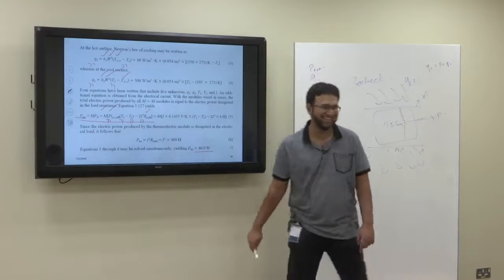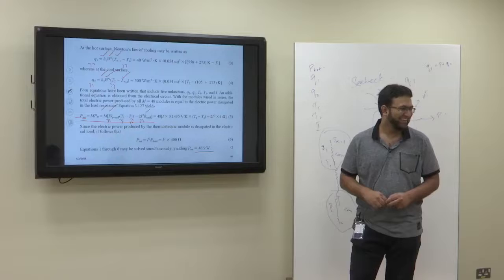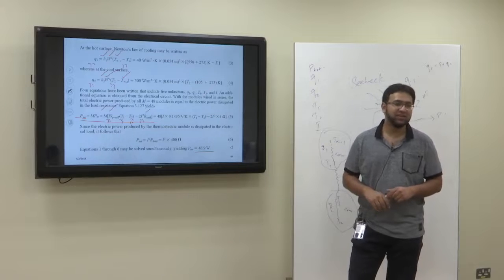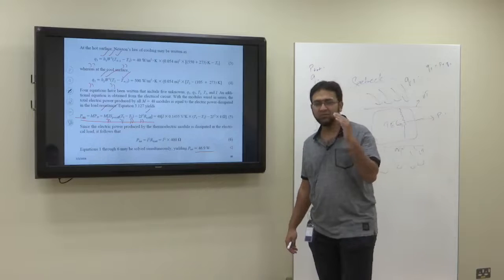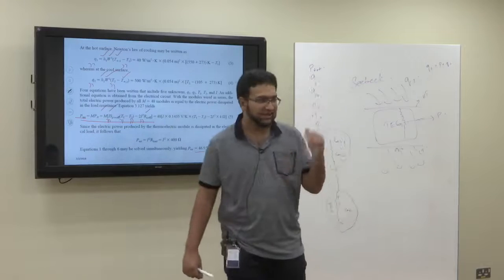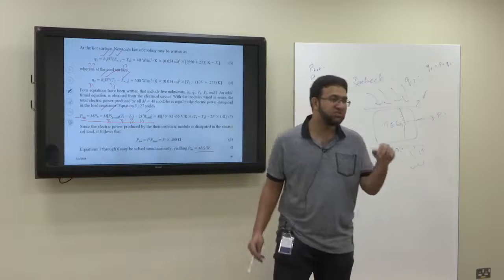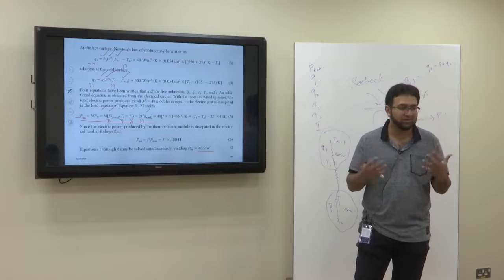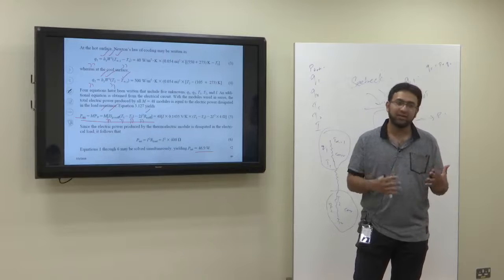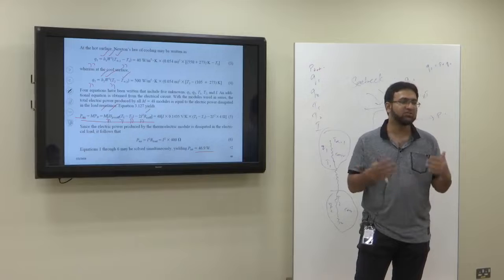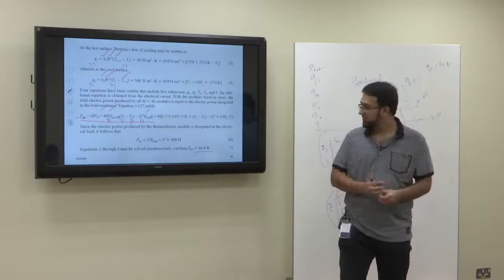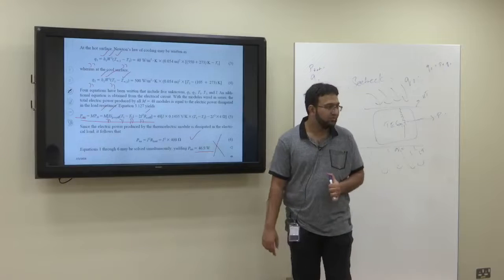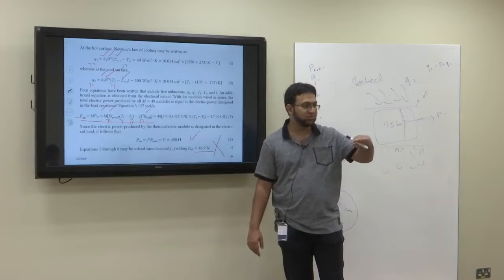Remember one thing: I'm not here to judge your mathematics. If I give you a question which needs a simultaneous solution that will require a lot of time for mathematics, then I will not ask you to solve it. I will just ask you to make the equations. Finish till here, no need for the last step, and all marks will be till this point.